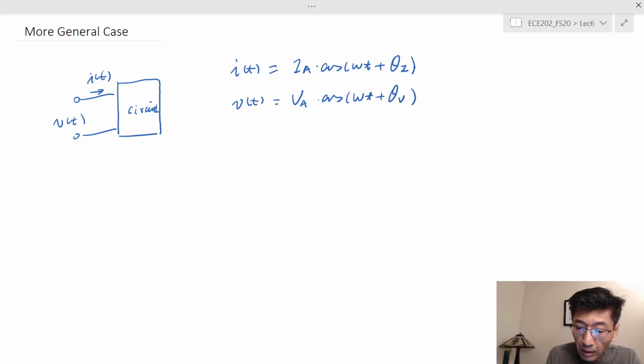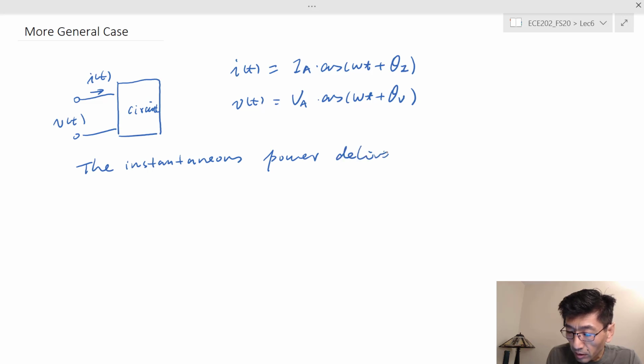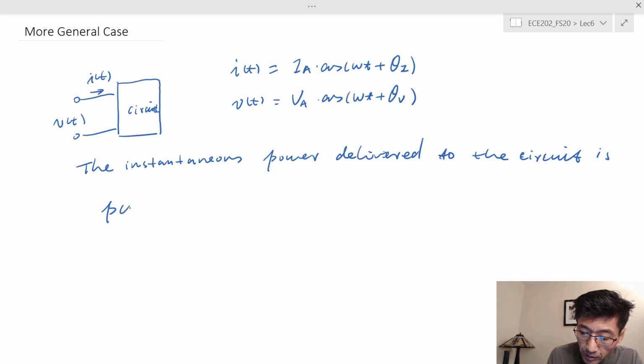So the instantaneous power. Now we are following the passive sign convention. Therefore, the instantaneous power delivered to the circuit is p(t), which is equal to v times i, right?